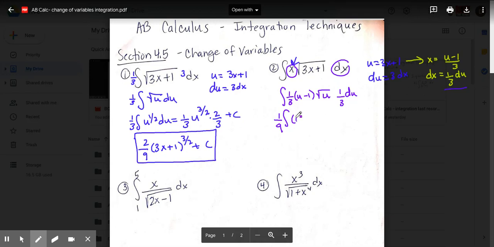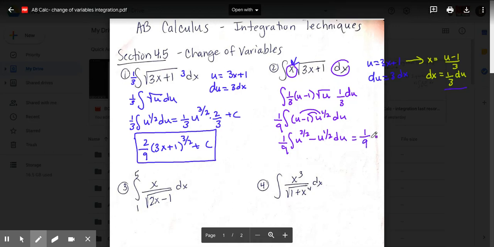What you're going to have is (u - 1) times u to the 1/2 times du. You still can't integrate it like this. What you want to do is distribute this u to the 1/2 to both terms. So it would be u to the 3/2 minus u to the 1/2 du.